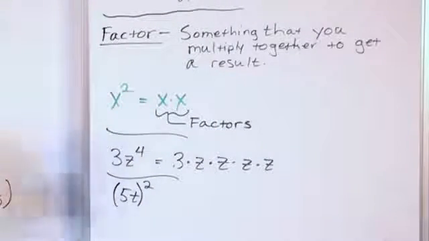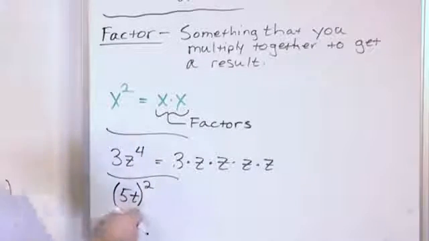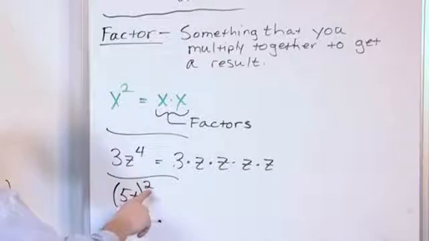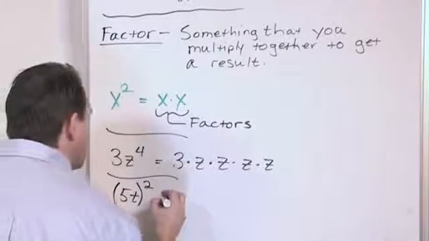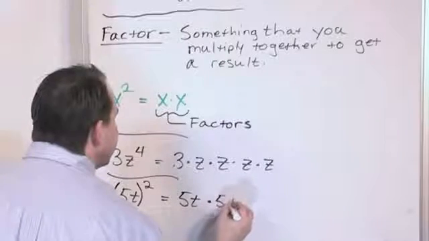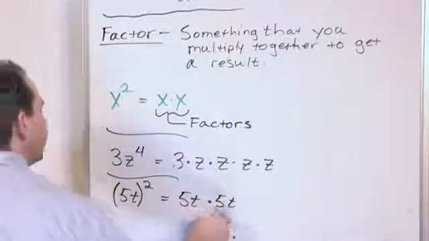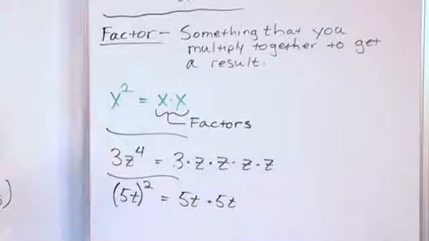But in this case, 5t is raised to the power of 2, and it's inside of parentheses. This means that this exponent applies to everything in here. So it would be 5t times 5t. So 5 times t times 5 times t, basically. And these are the factors. These are the things that are multiplied together to give you that.